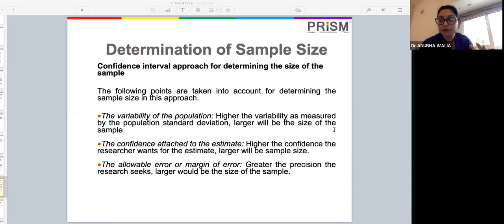Then the number of classes proposed. If many classes, that is groups or subgroups, are to be formed, a large sample would be required, because a small sample might not give you a reasonable number of items in each class group.